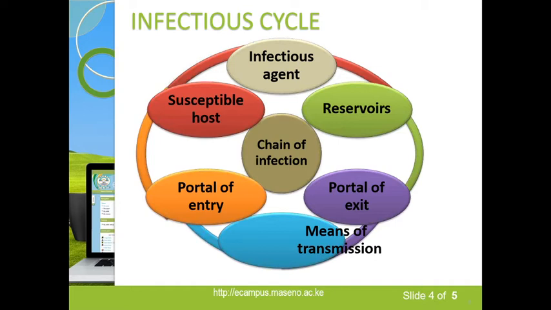So as much as the sick person or the reservoir may have a mask that protects from the port of exit, I might also have a mask that protects from the port of entry. So that is how the infectious cycle goes. And at any point of the infectious cycle, which we also call the chain of infection, there are various techniques that can be used to reduce or kill the microorganism, or to prevent the infectious agent from causing infection.